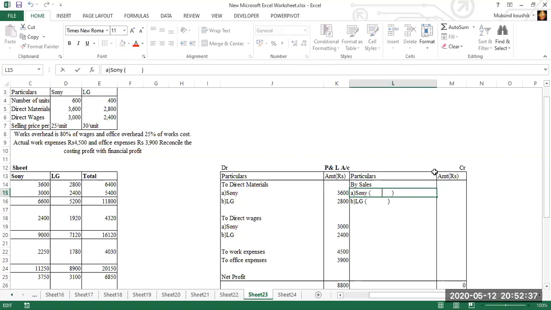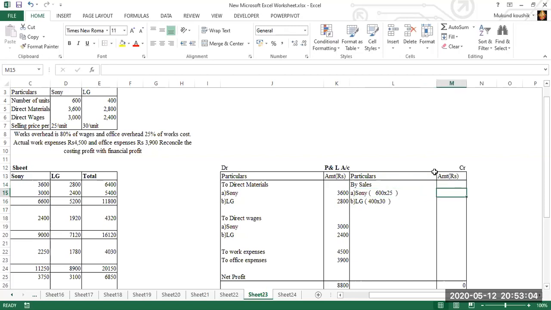For Sony, it will be how much? 600 units multiplied into 25 per unit, right? So this will give the sales value of Sony. Similarly for LG, it will be 400 units multiplied into 30 rupees, whatever amount you get, that will be your sales value.